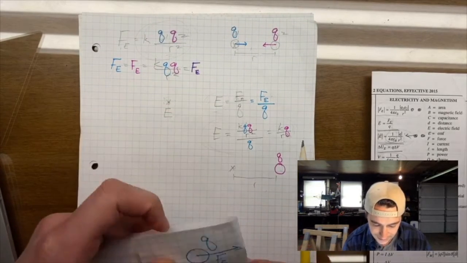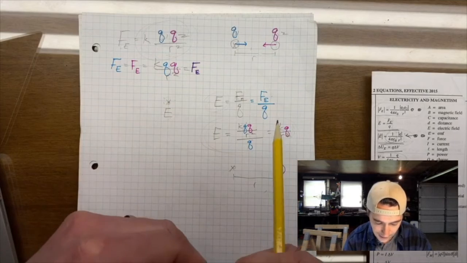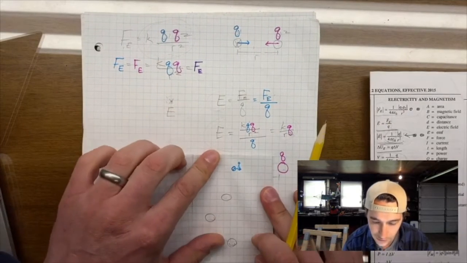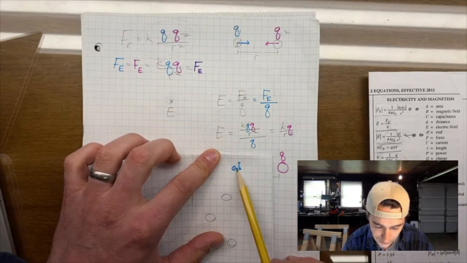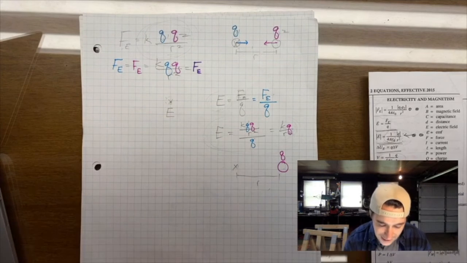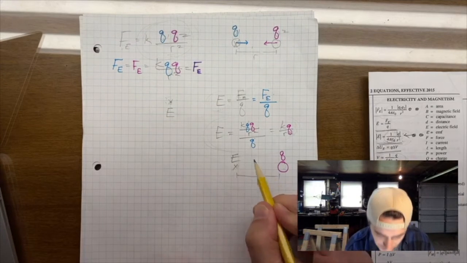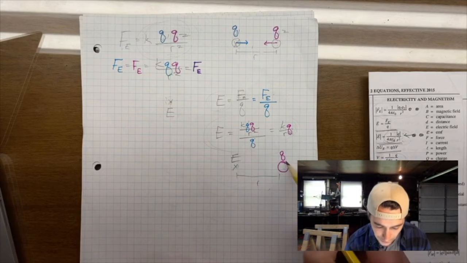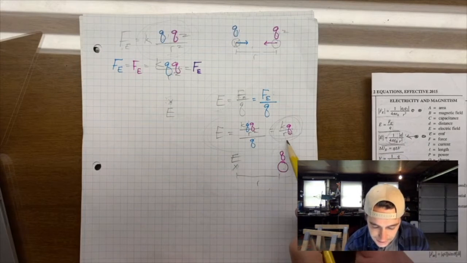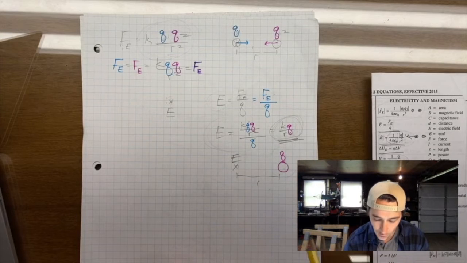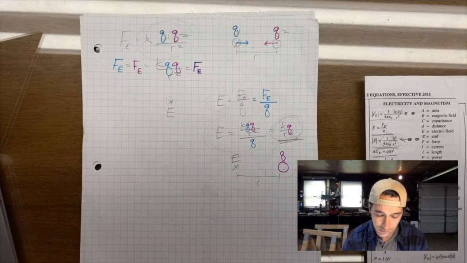If I took that same location and put a little Q there, it would feel less force. But the E at this location is not changing. The electric field strength caused by Q is not changing. That's what this is. This is the electric field strength caused by a single charge.